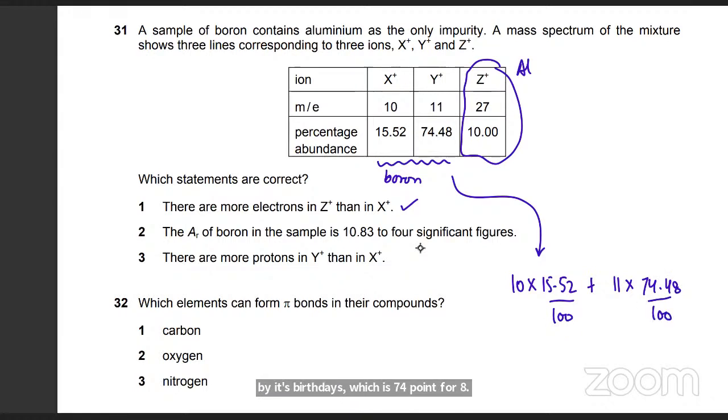So what do we get for this? 9.7448. No, you can't get 9.7448.